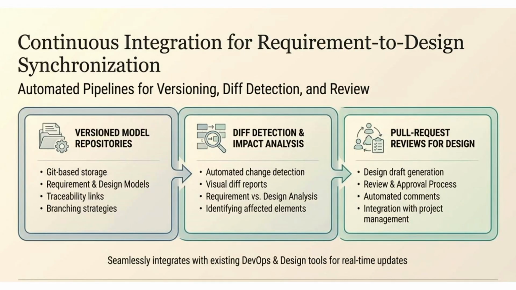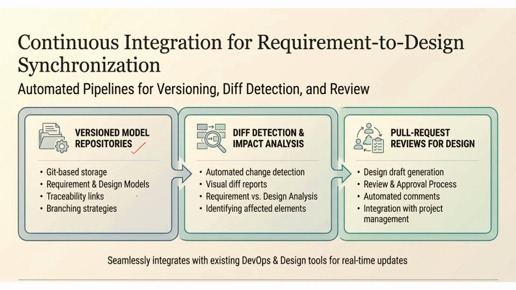Next is continuous integration for requirements to design synchronization. Here there are several automated pipelines available for versioning, which we will see here. Versioned model repositories. Nowadays most people are using Git-based storage, which is an online publicly available software where you can upload the code and do all the versioning.